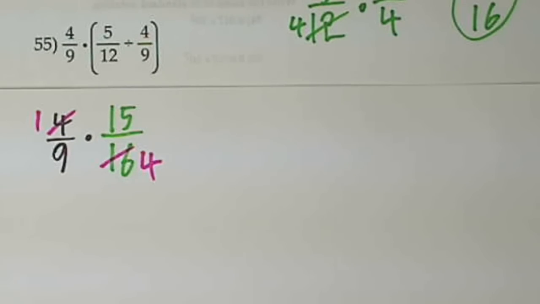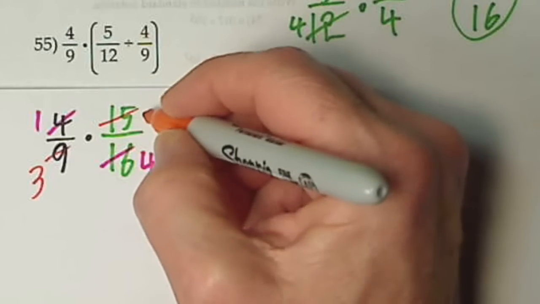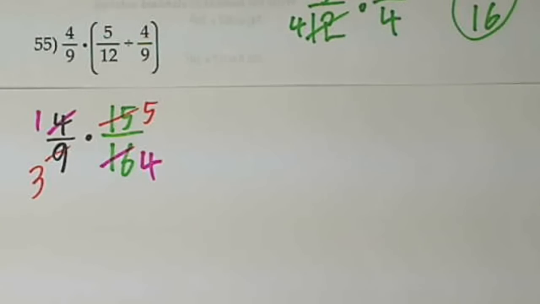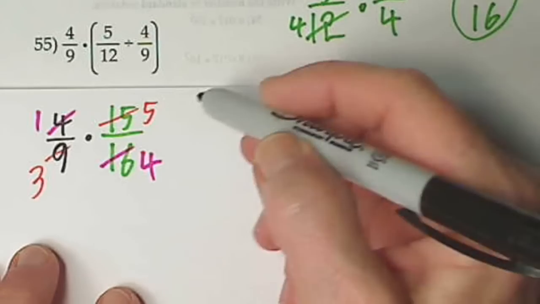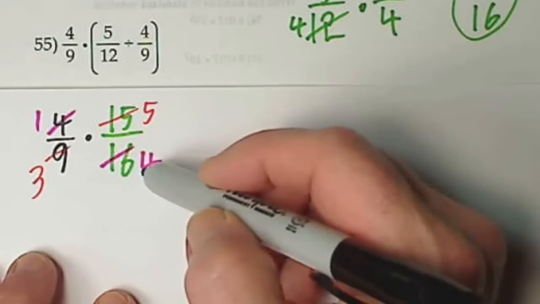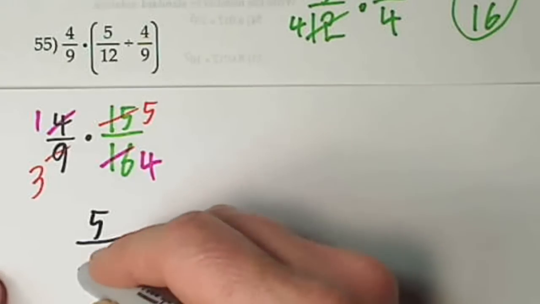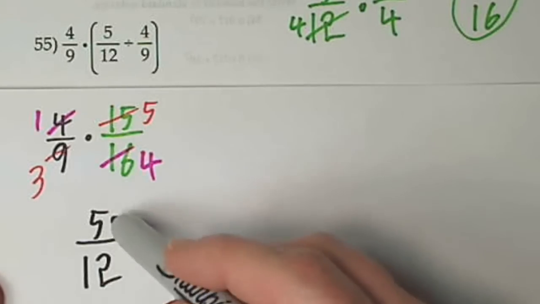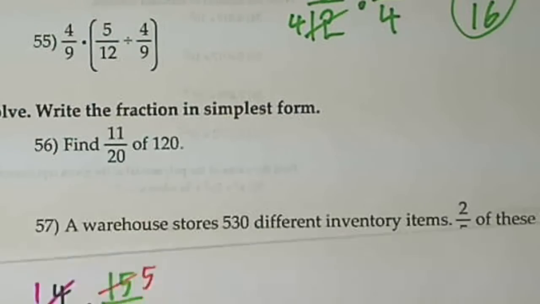And we could say that 3 goes into 9 3 times, 3 goes into 15 5 times. So when we multiply, again you go straight across. So 1 times 5 is 5, 3 times 4 is 12, so you end up with 5/12. Okay, let's see what's next here.